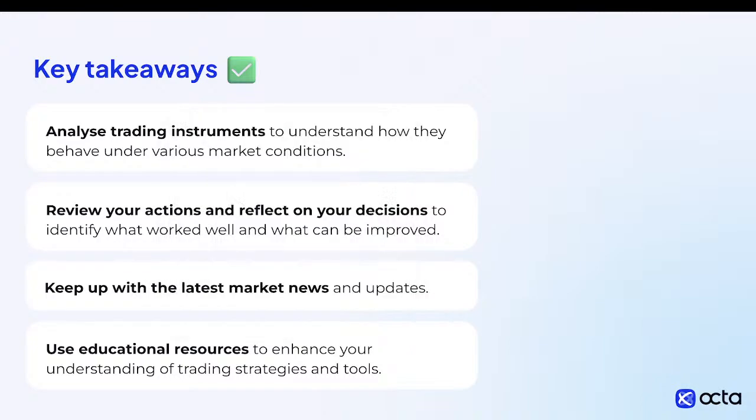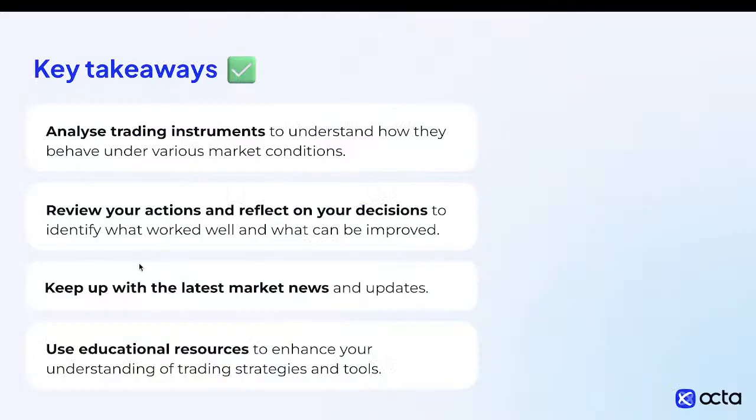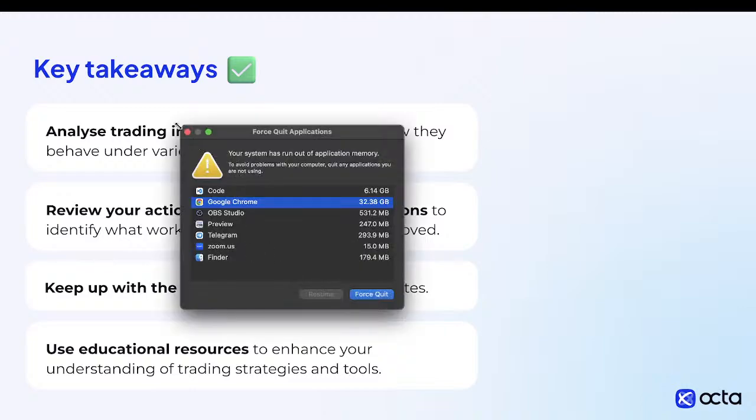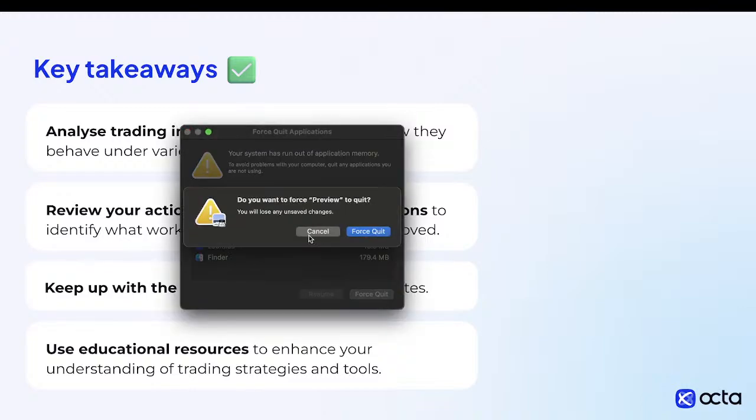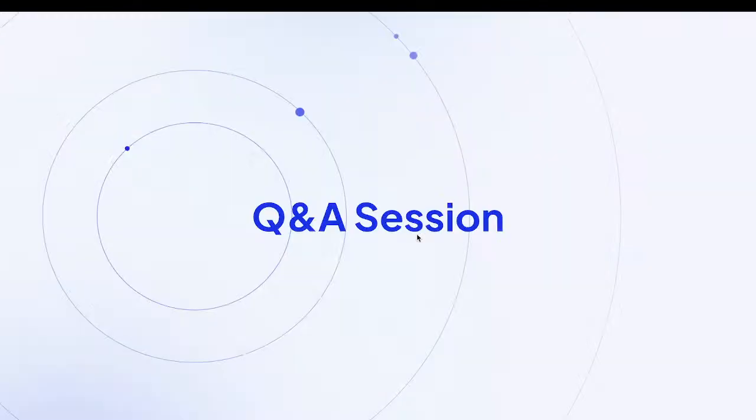Review your actions and reflect on your decisions to identify what worked well and what can be improved. Keep up with the latest market news and updates. Use educational resources to enhance your understanding of trading strategies and tools. On our Octa platform, on our website, we have a series of educational resources. On our YouTube channel, we have a series of educational resources likewise.